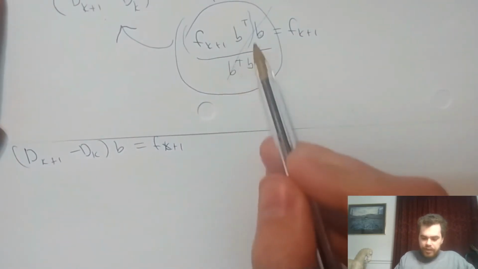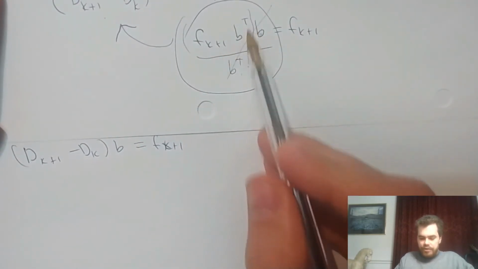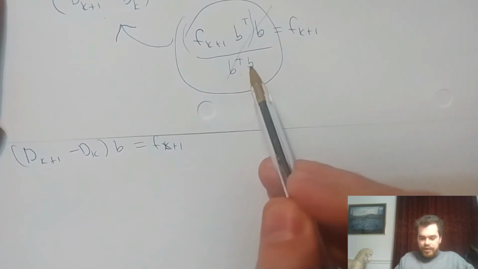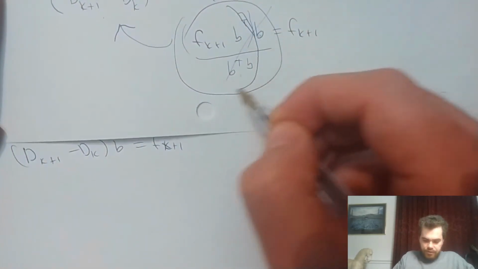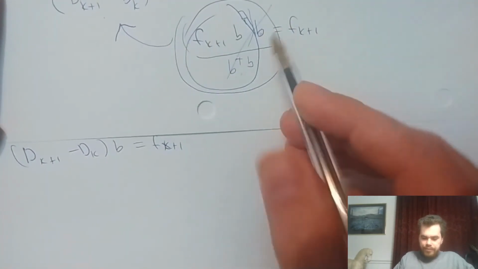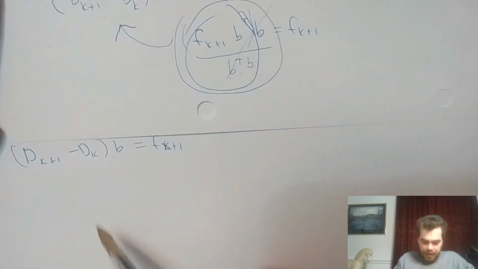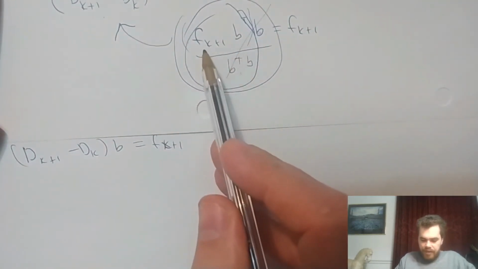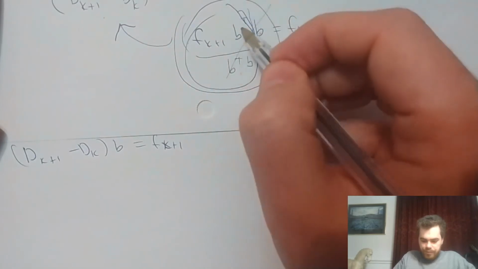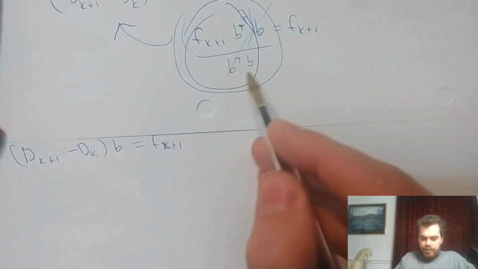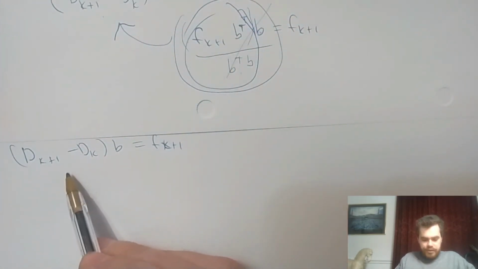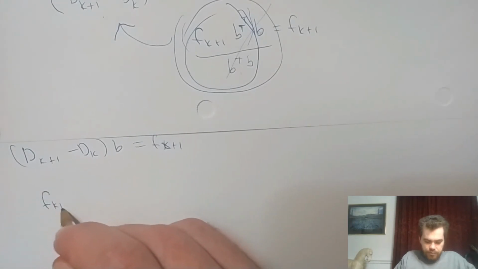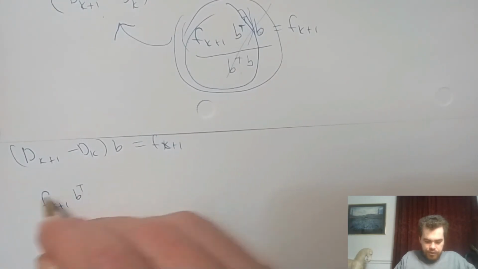Let's check it out. I'm sorry, this is our expression, not with this b. That's after we've plugged it in. So we plug fk plus 1 times b transpose over b transpose b into this function, and we get fk plus 1 b transpose.